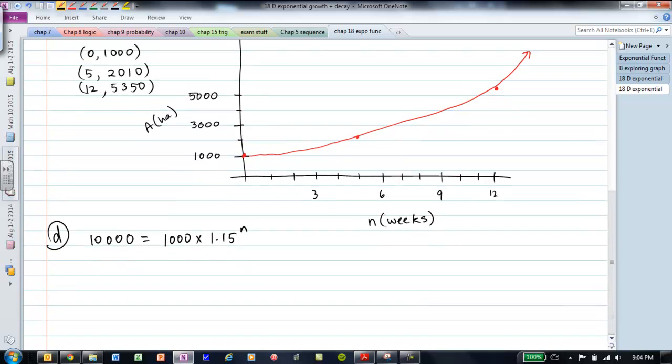In order to solve this, we'll use our calculator. So we set the y1 on our calculator equal to 1,000 times 1.15 to the n, or x on our calculator. And we'll set the y2 equal to 10,000.